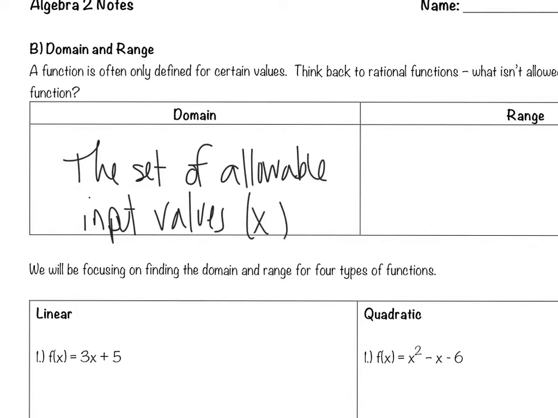It's all the x values in a function. That is the domain. And by allowable, that's usually the function will set whether certain x values are allowable or not, and whether or not they're actually visible.